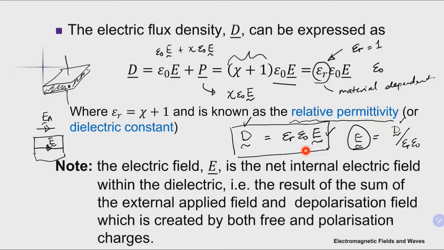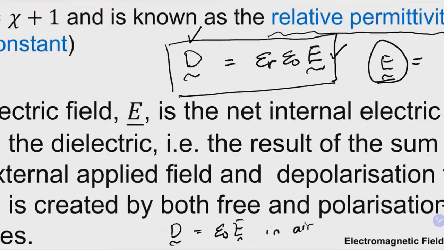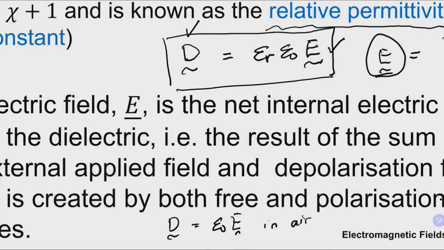In air, epsilon R equals 1, and therefore D simply equals epsilon naught E. So you apply to both.